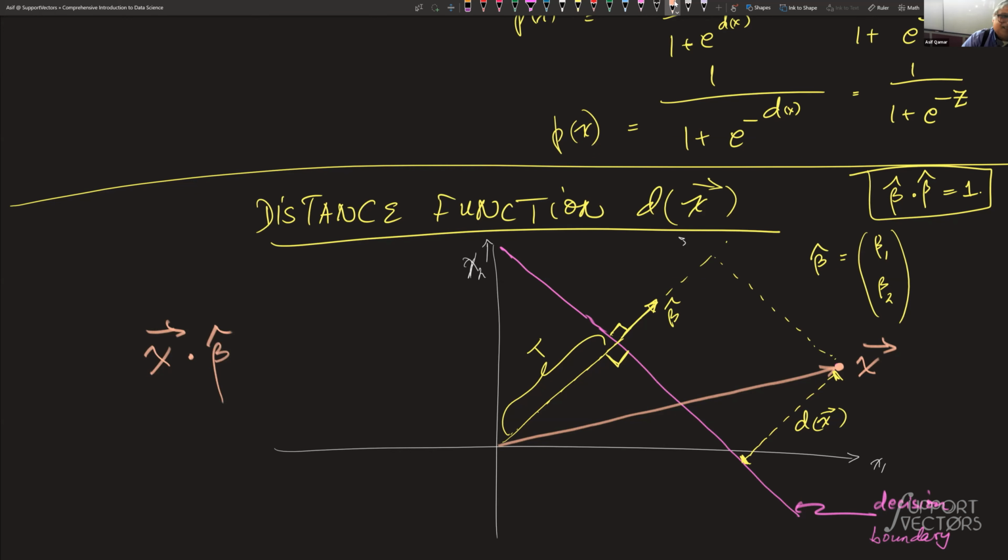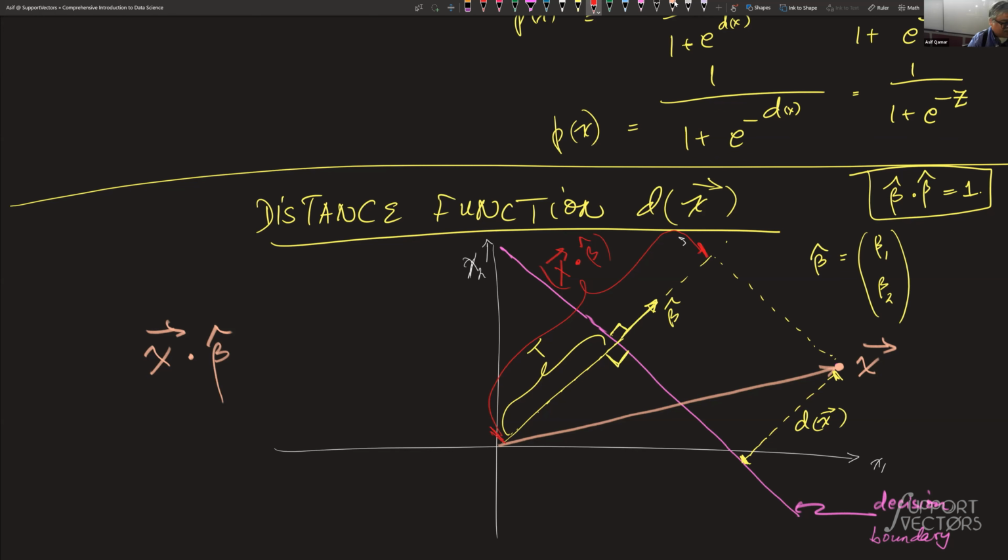What is the dot product of this x in the beta hat direction? Dot product is nothing but the projection on the ground in the direction of beta, isn't it? So this red distance is that.